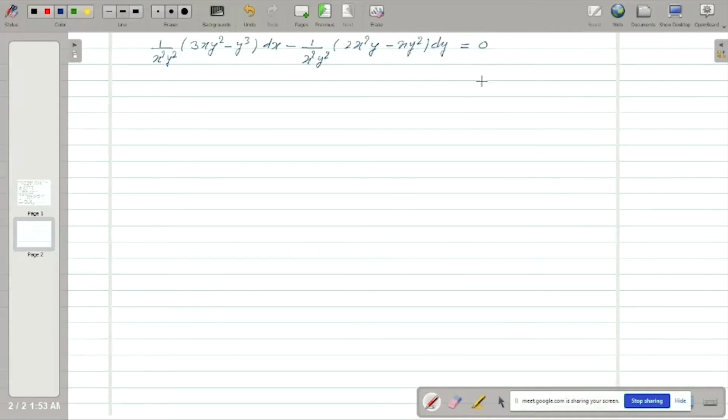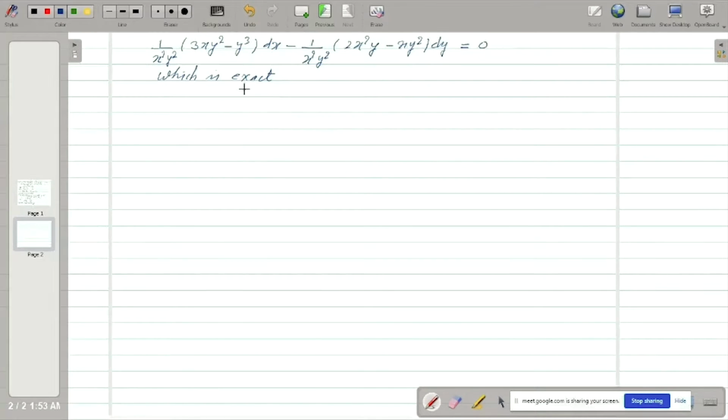Now this will be exact, because we multiplied by the integrating factor. So there is no need to show it is exact.